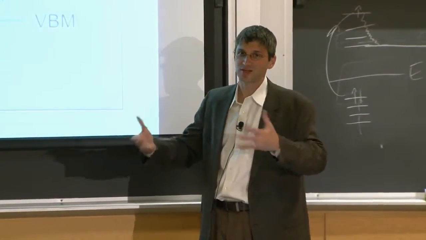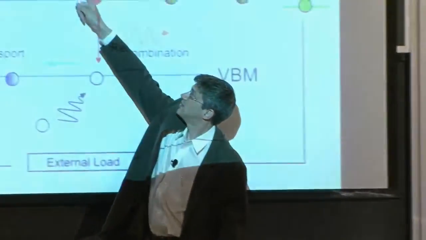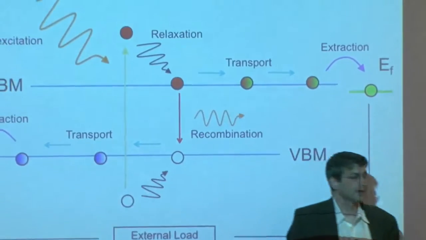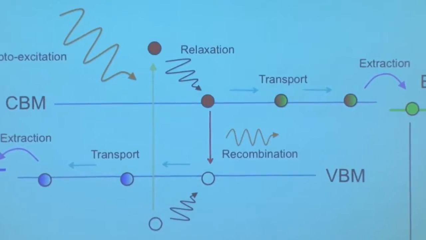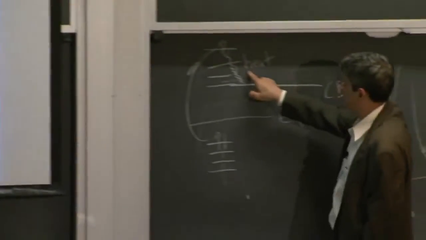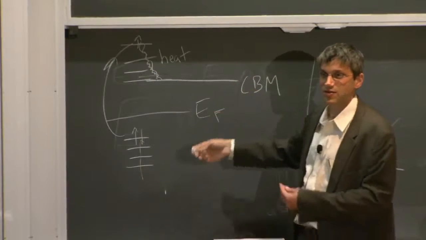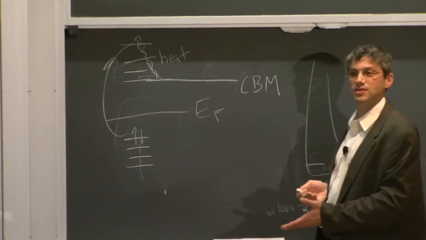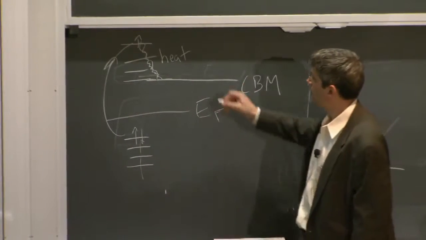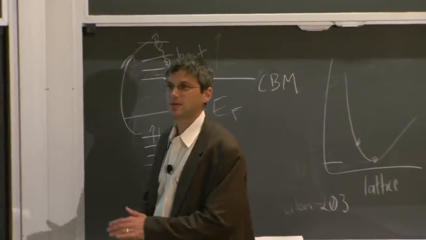Most of the sun's energy is wasted heat, because of this right here. This is just heating the material. And then this is the energy, or the voltage, that you can pull the electron out at, the conduction band. All the other energy that you might have had is lost.